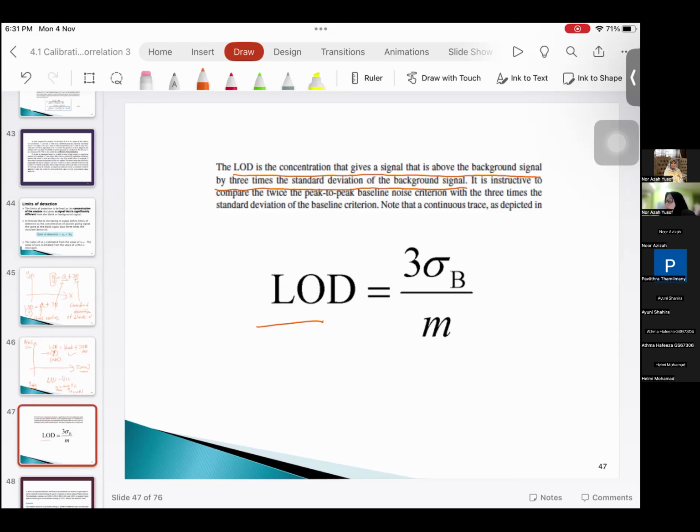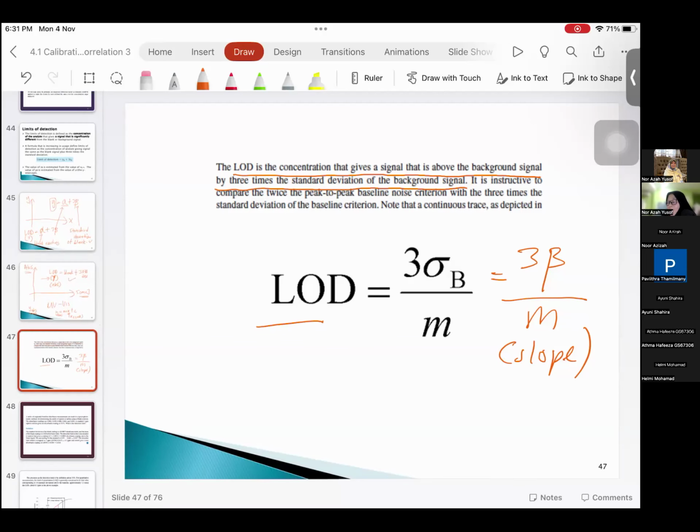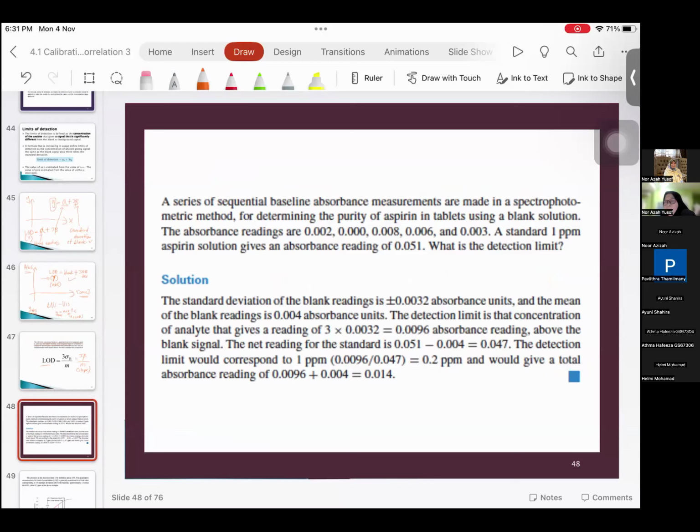So it's similar to 3 beta just now, the standard deviation of the blank, but this time over the slope. I have found a few formulas. Statistically, I don't know which one is suitable, but I use the alpha plus 3 beta. All right, now let's look at an example.